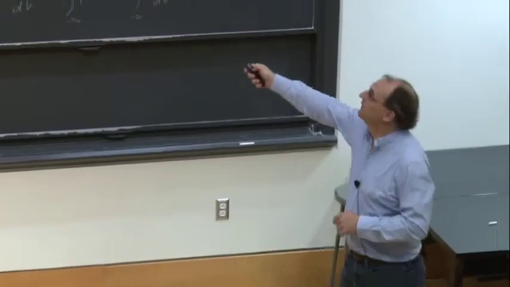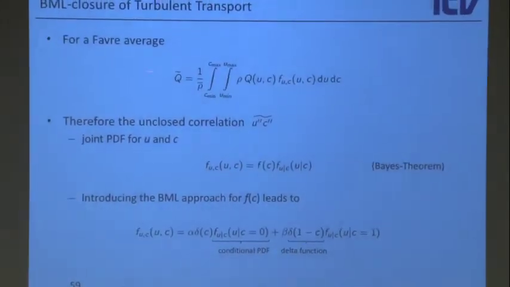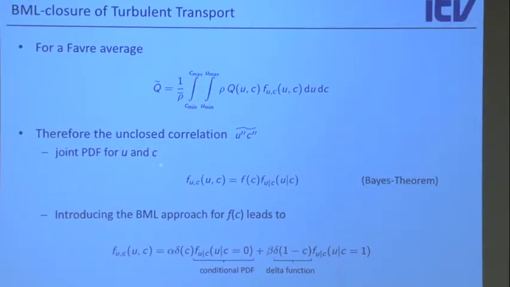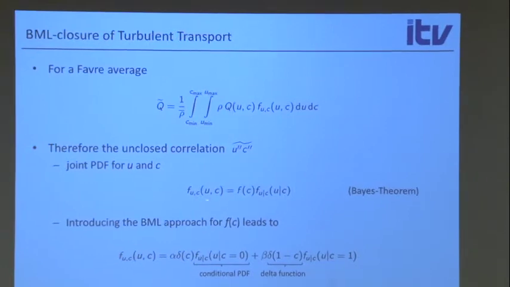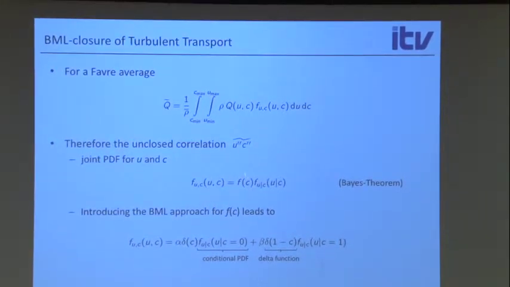If I plug these in here and I know this PDF, then I can evaluate this. So let's look at the PDF, the joint PDF of U and C. I can write this as the marginal PDF of C times the conditional PDF of U given a value of C. That's what we saw earlier.